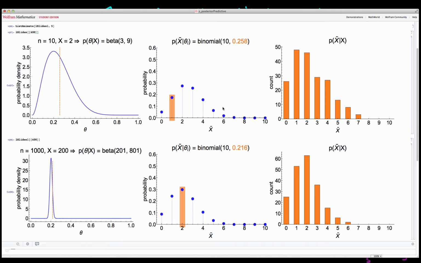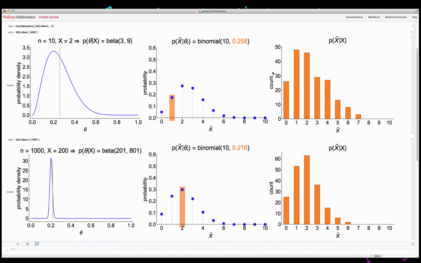And it turns out that the binomial distribution that we sample from is relatively insensitive to the value of theta that we're sampling across these two examples. So basically, the posterior predictive distribution is really representing mostly the uncertainty in our sampling distribution, because that tends, in this example, to be the dominant source of uncertainty.